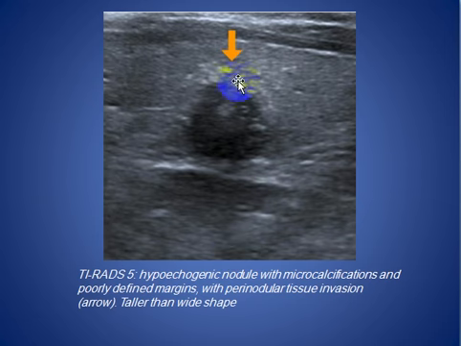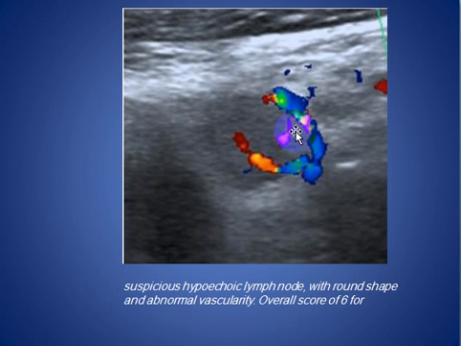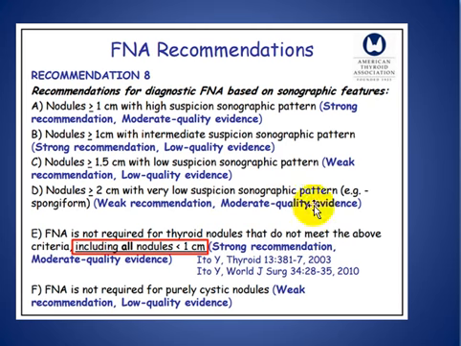Here, this is a nodule with microcalcification and well defined, with thyroid tissue infiltration, and the AP diameter is more than the transverse diameter. And this is another nodule with increased vascularity with score 6. These are the recommendations for the FNA according to the American Thyroid Association.